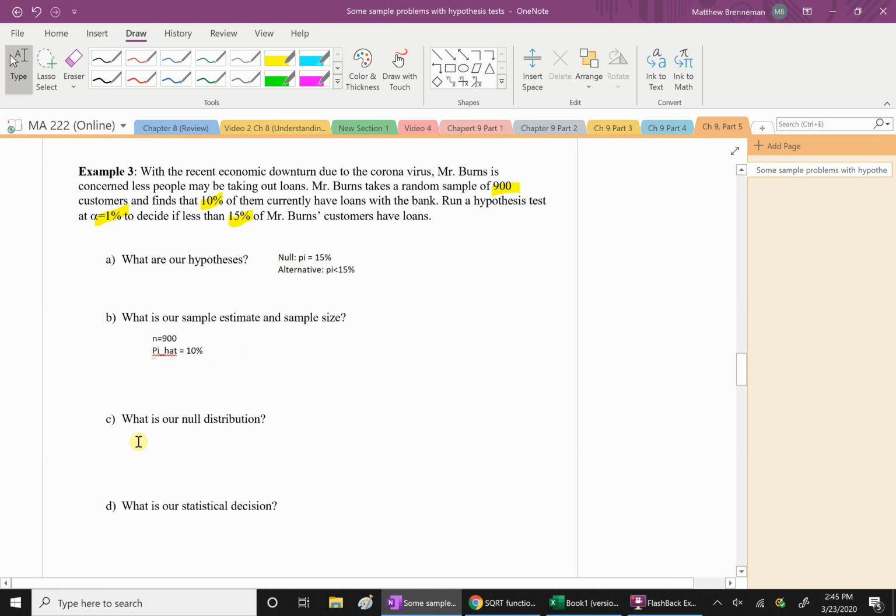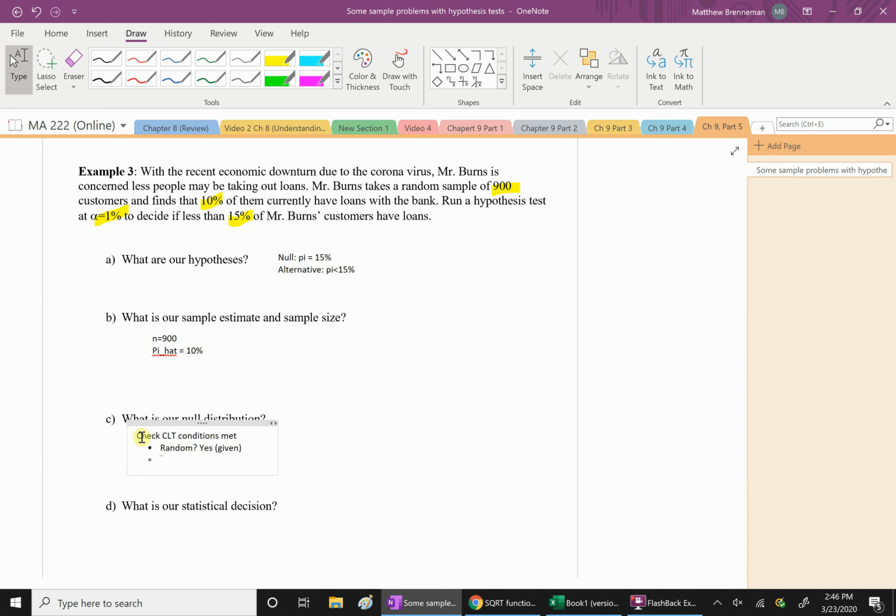What is our null distribution? Let's check that the central limit theorem conditions are met. First of all, do we have a random sample? And the answer is yes, because this is given in the problem.